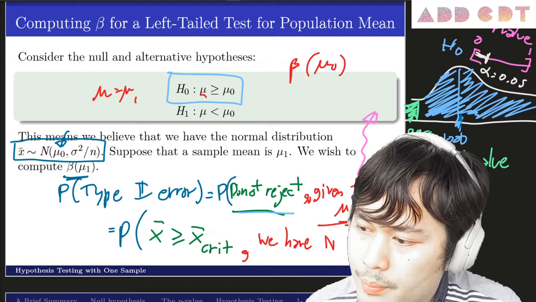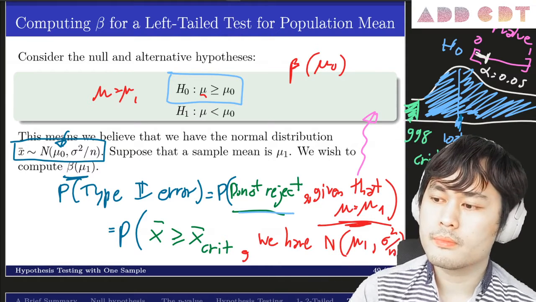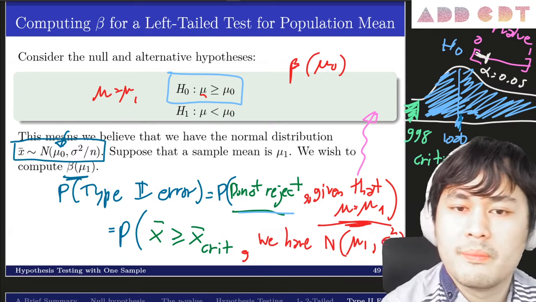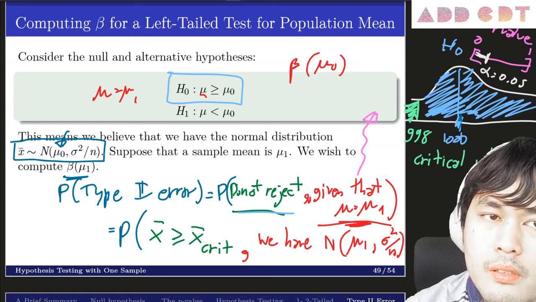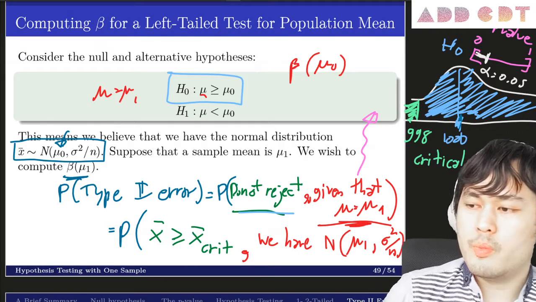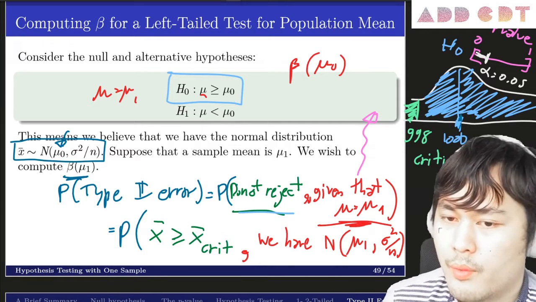That means we have that curve instead. So that's what it means to have a different mean, to be wrong, in other words.